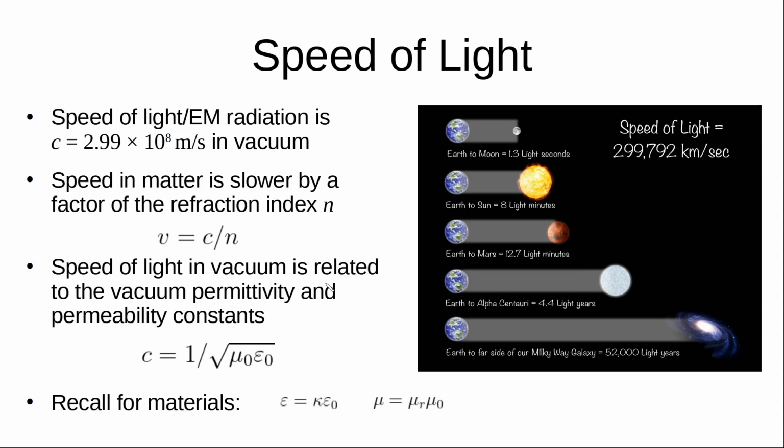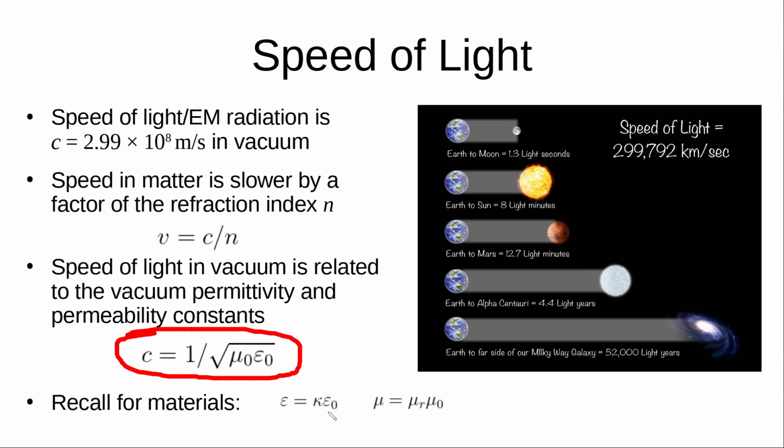So the speed of light in materials is slowed down by a factor which is called the refraction index. And the refraction index is different for each material. The speed of light in vacuum is also related to some of the constants that are in Maxwell's equations, the vacuum permittivity and permeability constants. They're related by this equation here.